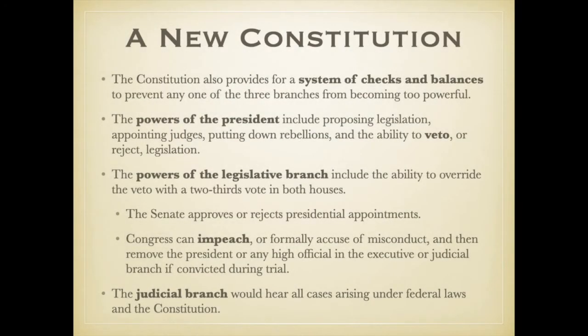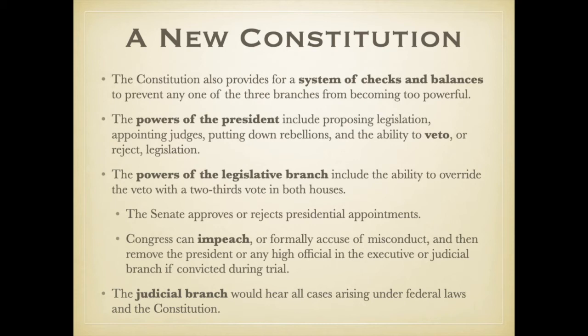The Constitution also provides for a system of checks and balances to prevent any one of the 3 branches from becoming too powerful. The powers of the president include proposing legislation, appointing judges, putting down rebellions, and the ability to veto or reject legislation. The powers of the legislative branch include the ability to override the veto with a 2/3 vote in both houses.